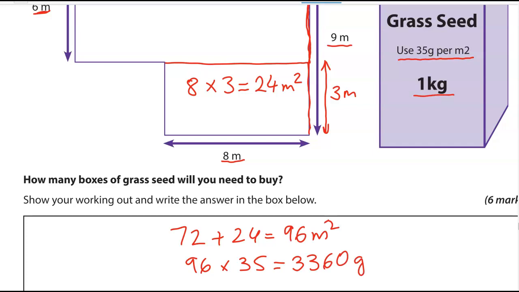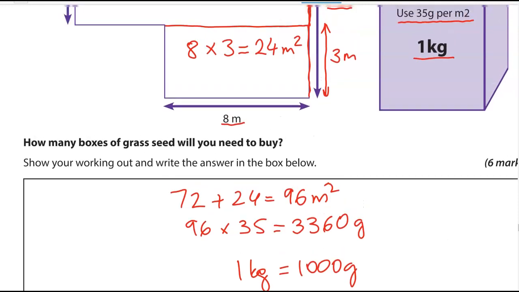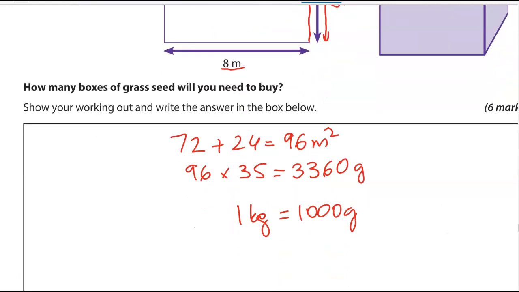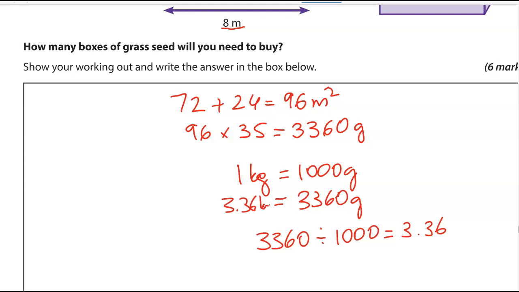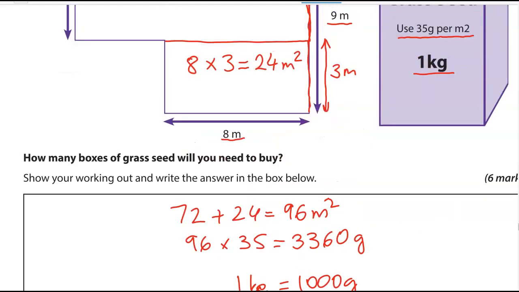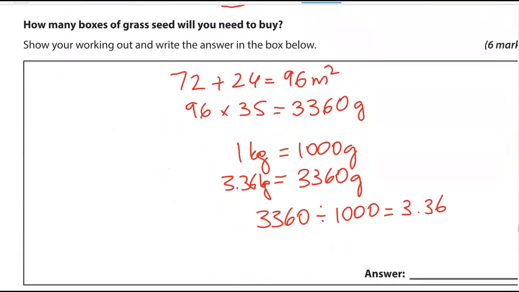Now that we need to convert into kilograms, so in 1 kilogram there are 1,000 grams, so 3,360 grams, how many kilograms is that equal to? So we can divide 3,360 by 1,000, which gives us 3.36 kilograms. Now each of these boxes holds 1 kilogram, but we can't buy 3.36 boxes, so we're going to buy 4 boxes.